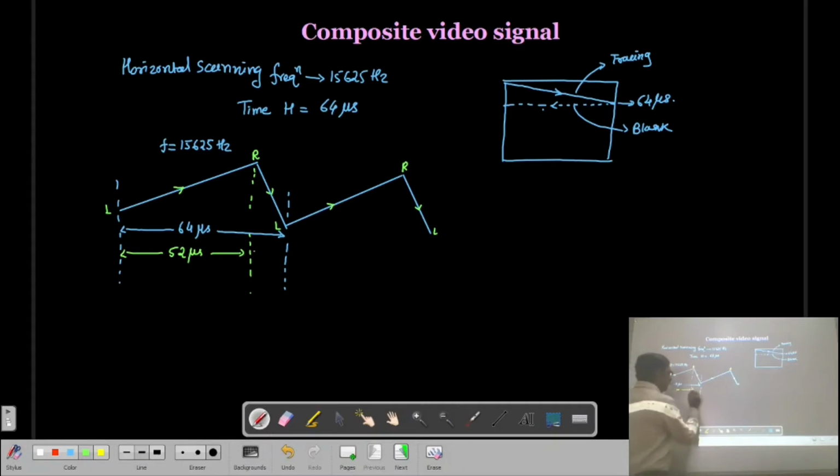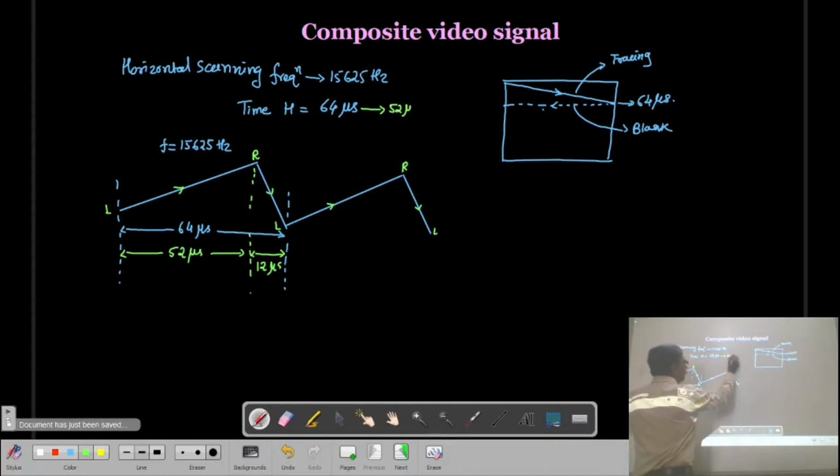And whatever the time period is there for horizontal blanking, it is 12 microseconds. So the 64 microseconds is divided in two parts: 52 microseconds, that is tracing, and 12 microseconds where we have blanking. Correct?